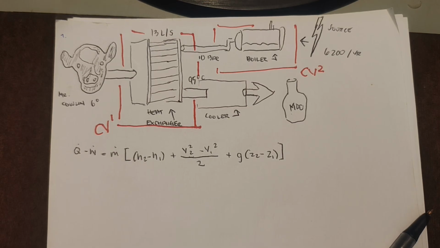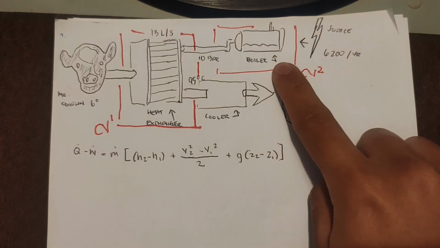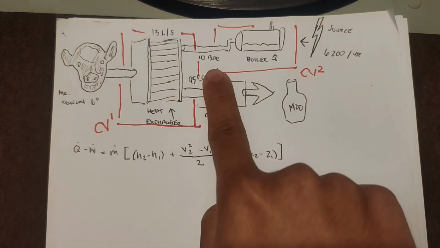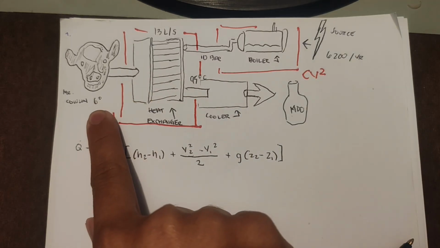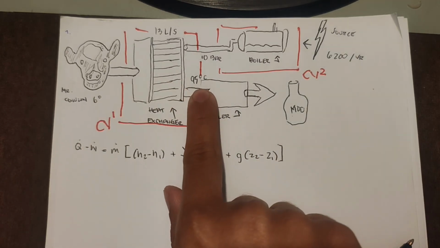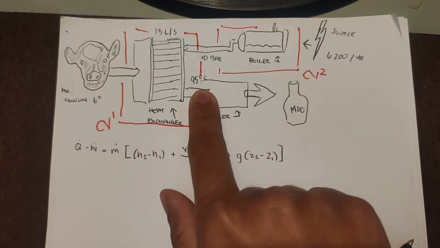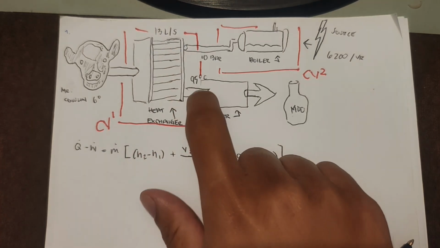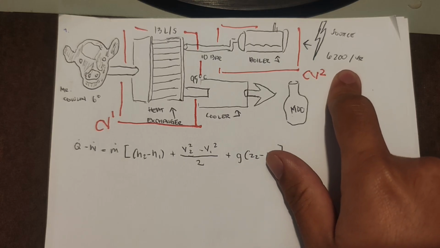A milk processing plant uses an electrode boiler. So it is a boiler powered by electricity to supply saturated steam of 10 bar to heat up the milk from 6 degrees Celsius up to 95 degrees Celsius during pasteurization. The milk is pasteurized at the rate of 13 liters per second, and the dairy plant operates for 6,200 hours a year.